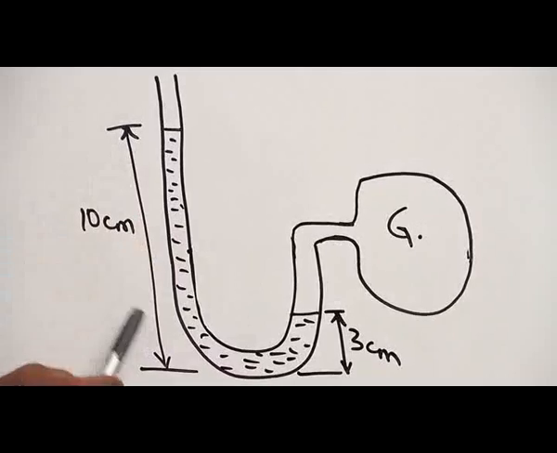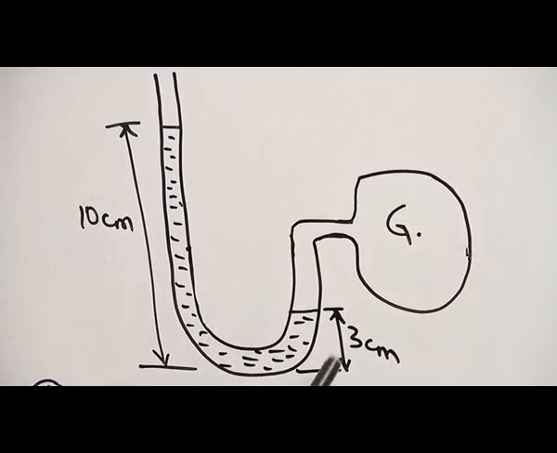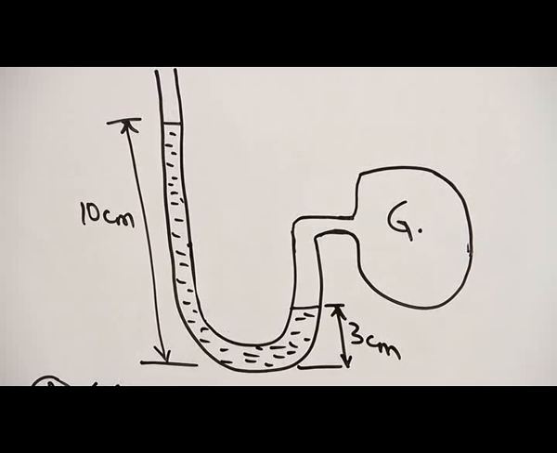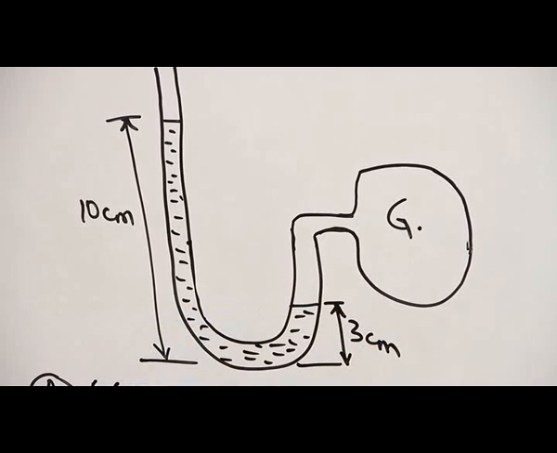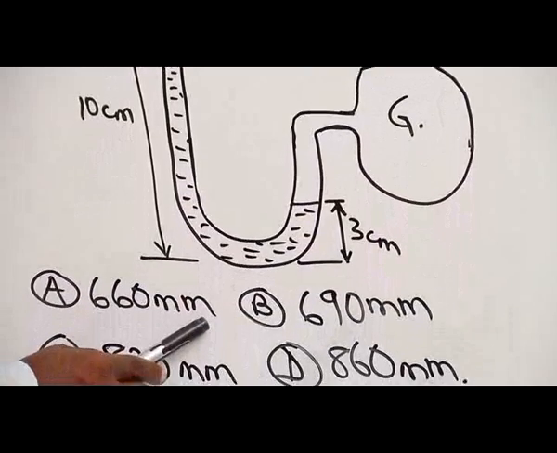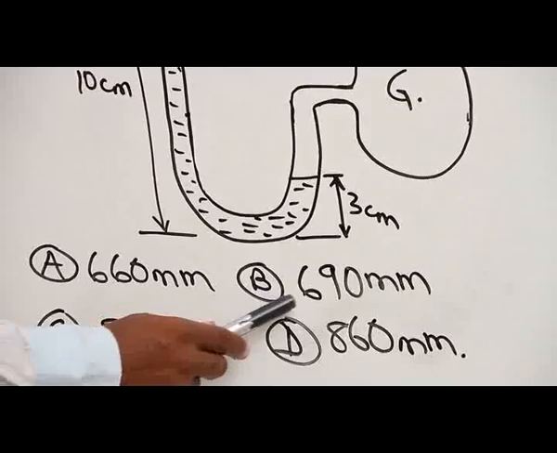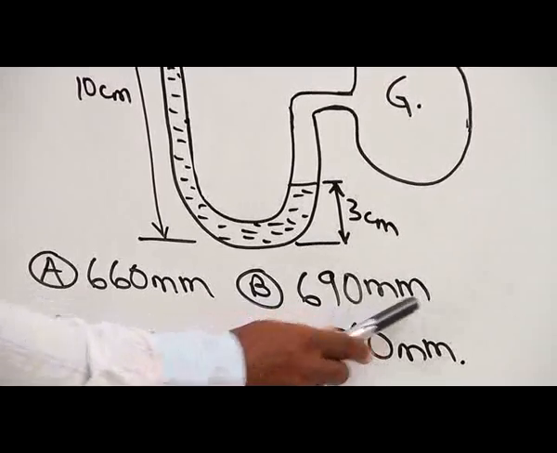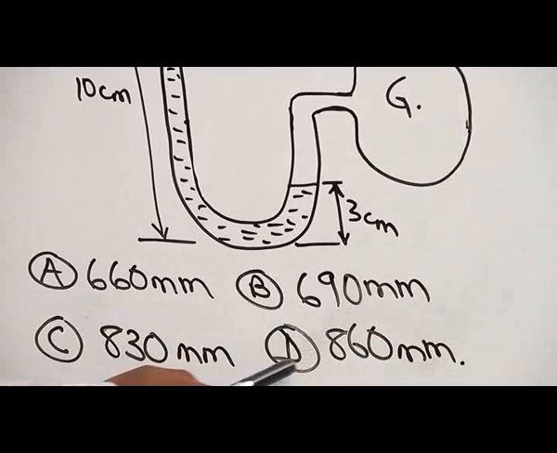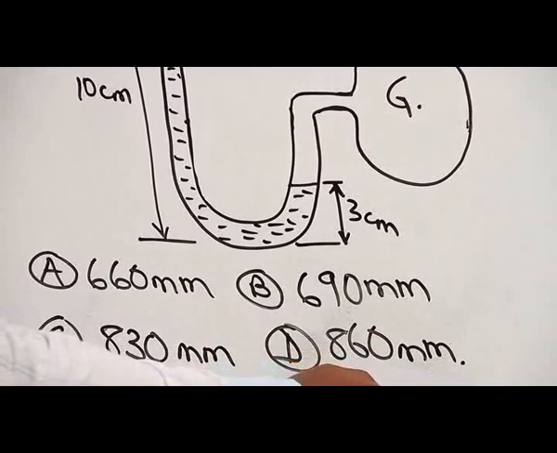The long arm, 10 centimeters. The short arm, 3 cm. You are asked to find the pressure of the gas. Option A, 660 millimeters mercury. B, 690 millimeter. C, 830 millimeter, and D, 860 millimeter.